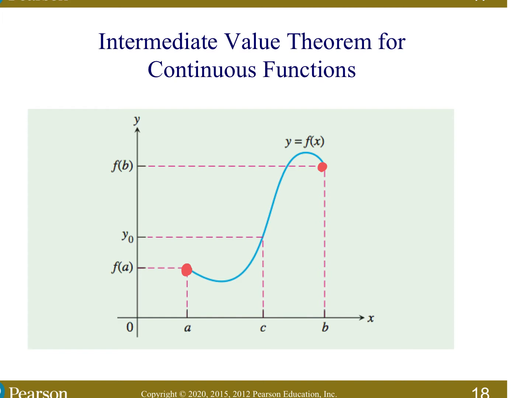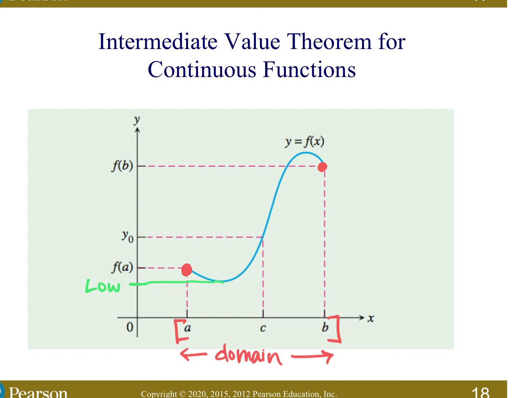Okay, the domain is from a to b. So I want you to think of it that way. It's closed on either end. But the IVT goes farther and says nothing is missing from the range. Okay, the range goes from the lowest value to the highest value. The lowest value is right here, which is not even labeled on my y-axis. Okay, that is the lowest value.